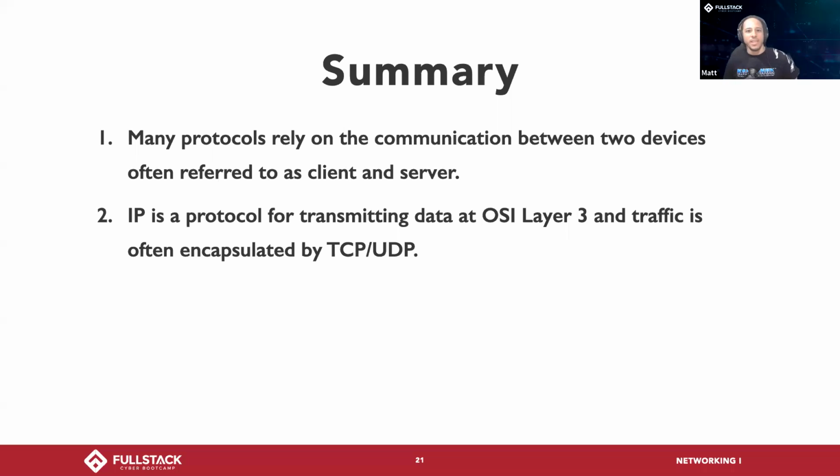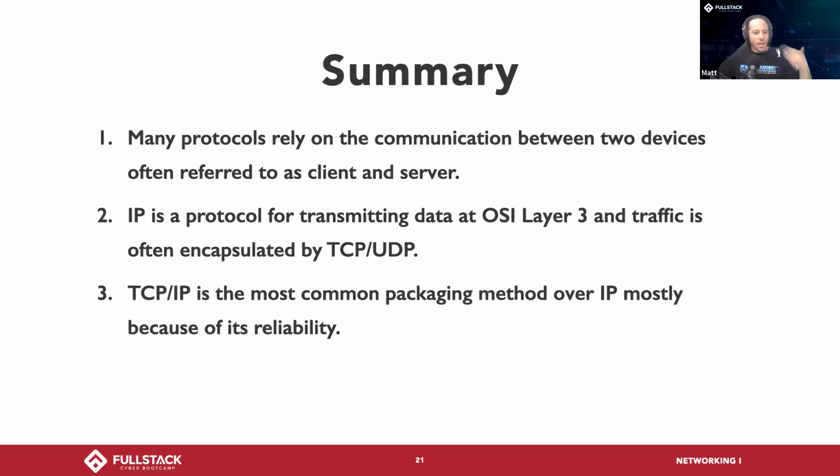We talk about IP as a protocol for transmitting data. It's at OSI layer 3, or in the TCP/IP model it's the second layer after the MAC address layer. And we can encapsulate traffic around that by adding headers and trailers. It's like taking packages and putting another box around them.